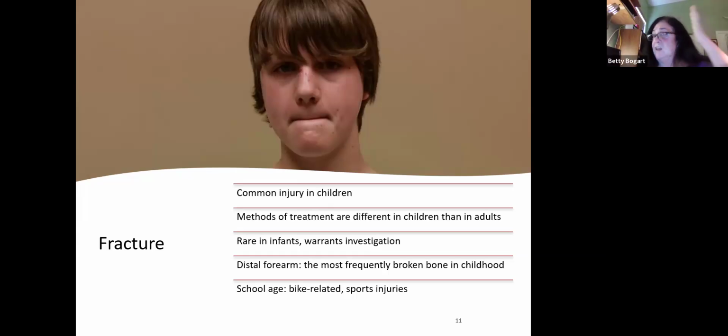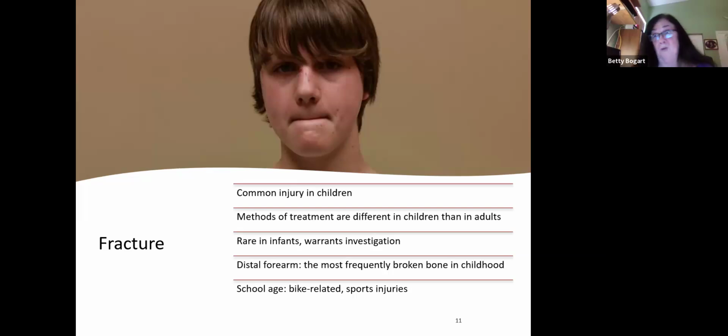Okay? I felt something, it didn't feel right, it needed investigation. When you talk about child abuse, when the injuries don't match what you're seeing, you need to suspect it. It's better to be safe than sorry. Kids can't protect themselves. That's what we're here for if they're in our care, okay?